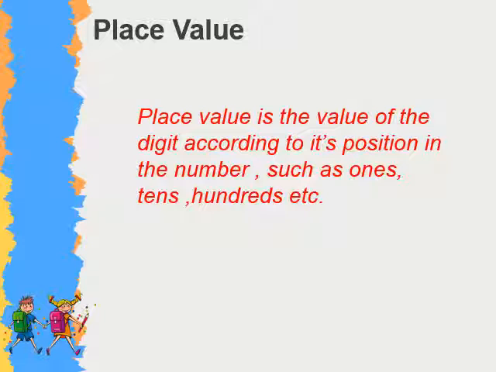Children, place value is the value of the digit according to its position in the number, such as ones, tens, hundreds, etc. It means the position of a digit in a number gives it a place value.